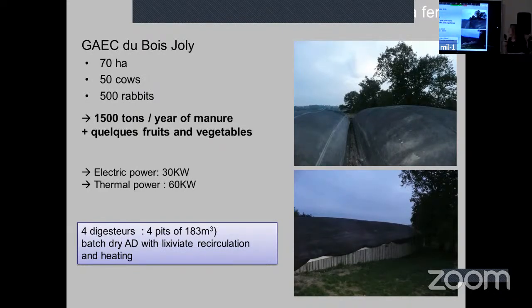Thanks to that, it can produce 30 kilowatts of electrical power and 60 of thermal power. For that, it has 4 digesters of almost 200 cubic meters. It is a batch reactor, as I just previously showed you.